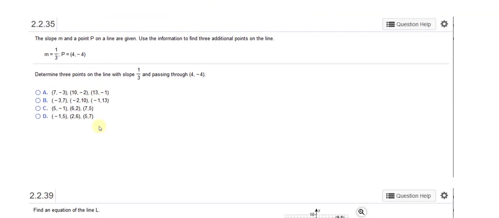The next one. The slope m and the point P on the line are given. Use this information to find 3 additional points. The same thing. The point is (4, minus 4). The slope m equals 1 over 3, and 1 is rise over run. So as I run 3 units on the x-axis, 4 plus 3 becomes 7.